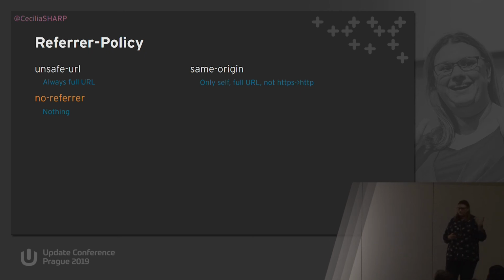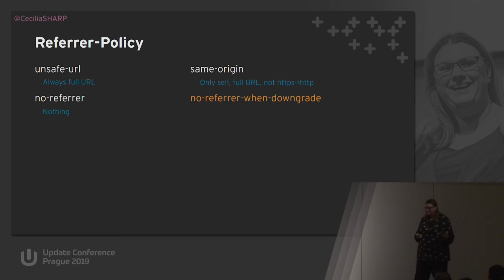So I don't really like this for statistics, and it feels cruel to do to everybody to just not say anything. We have no-referrer-when-downgrade, and that is basically sending everything, but if you are moving from HTTPS to HTTP, don't send it.